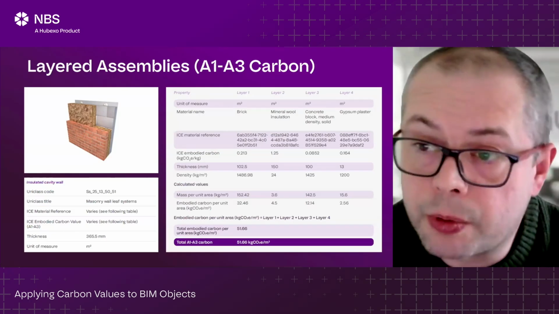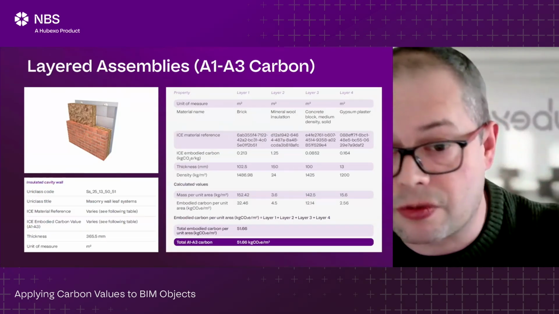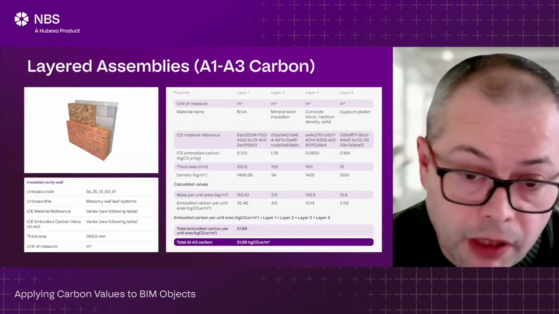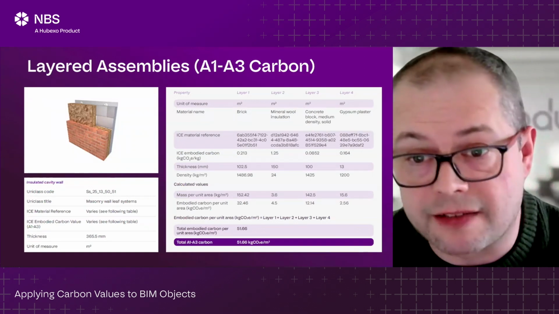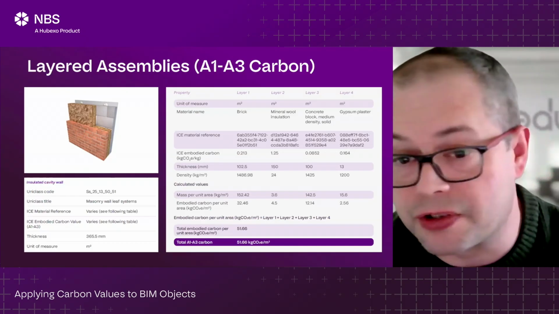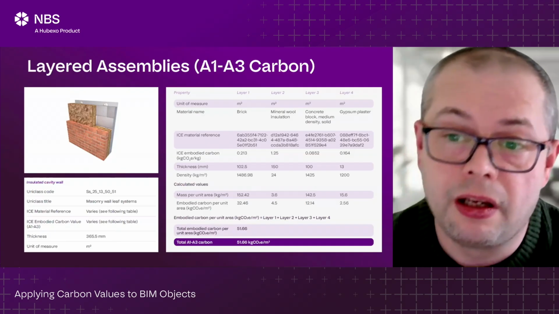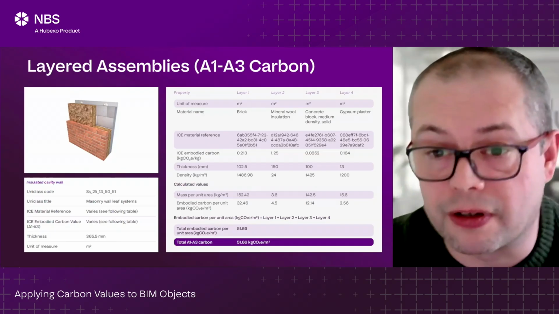So in this particular case, we would have followed that previous simple item process where we would have been finding the density for the insulation. We would have known the density potentially for brick because the ICE database does contain some material densities that you can use. And then it's just a case of adding those different layers together.